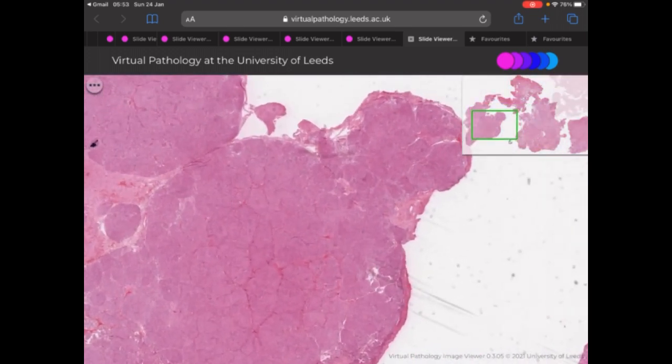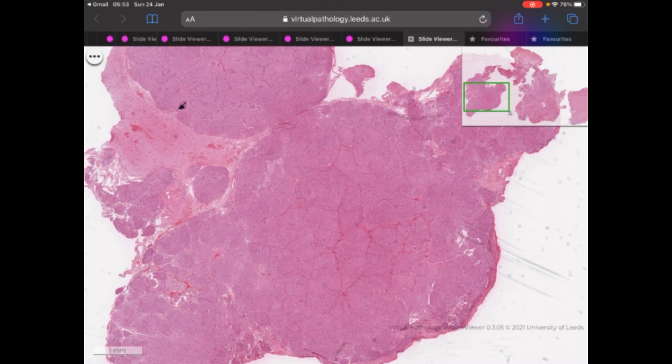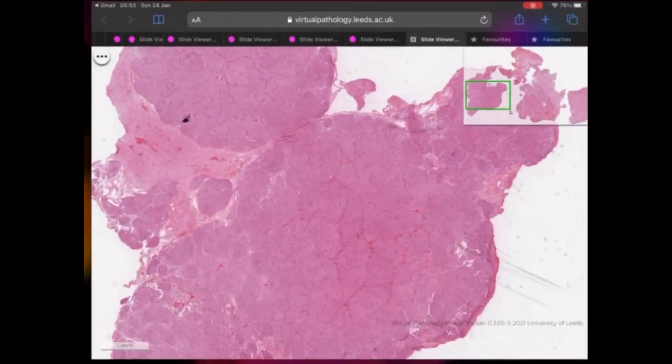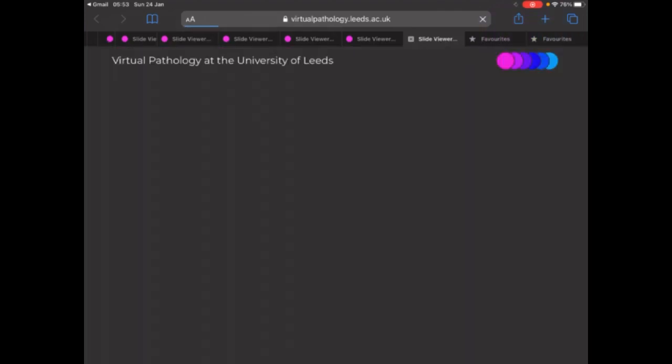I would like to share with you the meningioma. In this view, we can appreciate the architecture of the meningioma. It is arranged in lobules.